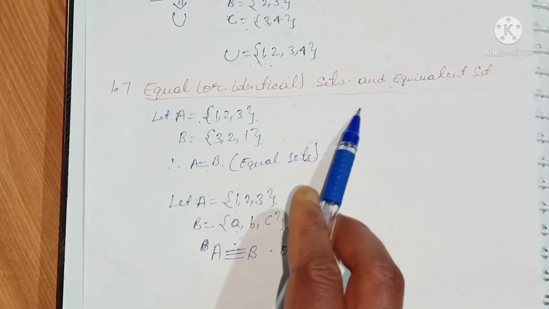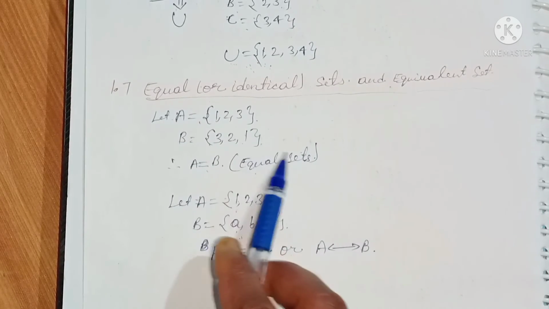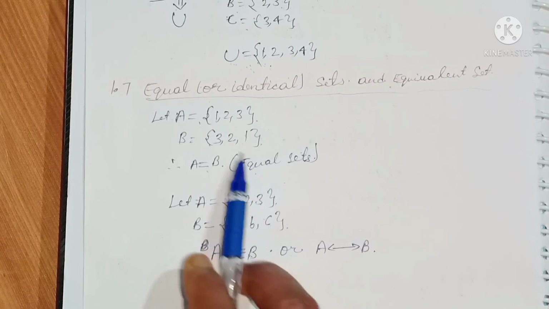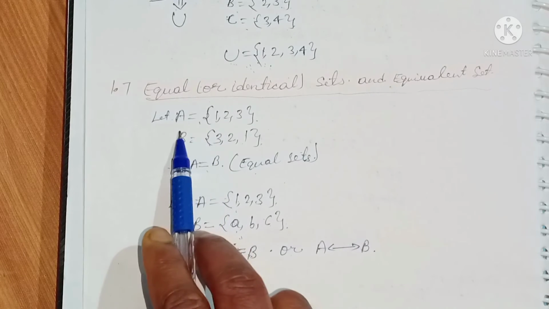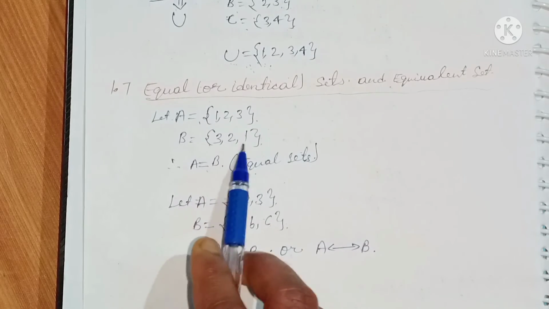Then next comes equal or identical sets, and equivalent sets. First I will explain equal sets, then equivalent sets. Equal sets, by example: the first set A contains elements 1, 2, 3 and set B contains 3, 2, 1.